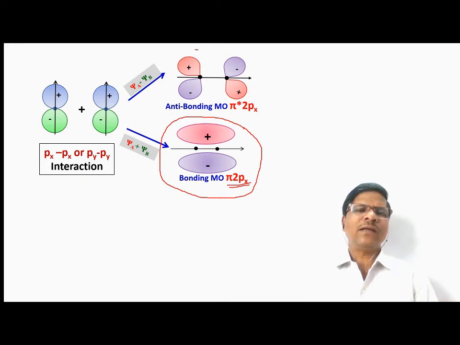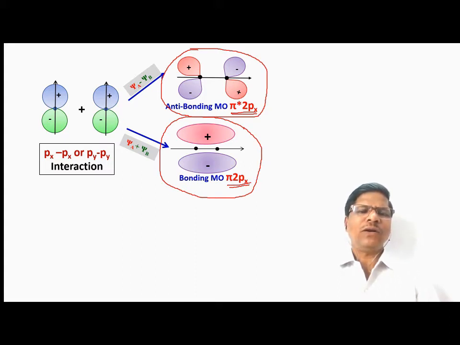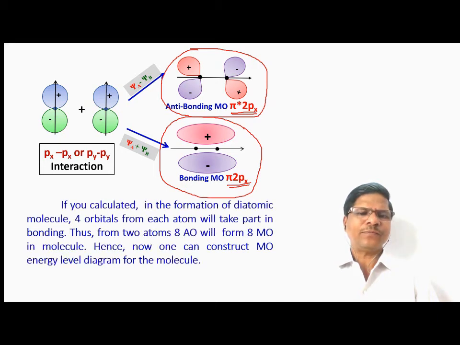So this is the out of phase interaction. It will result in the pi antibonding molecular orbital, and it is pi star 2px. If the py orbital is there, it will be pi star 2py. Okay, so we have a total of four types of orbital interaction, and they will result in the formation of either sigma or pi bonding and antibonding molecular orbitals.